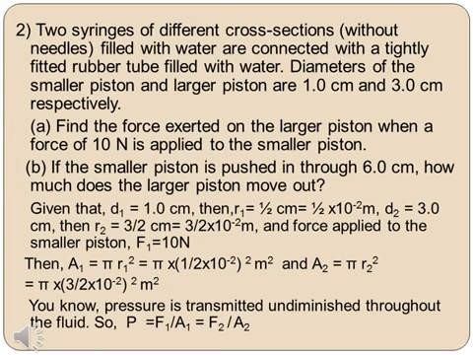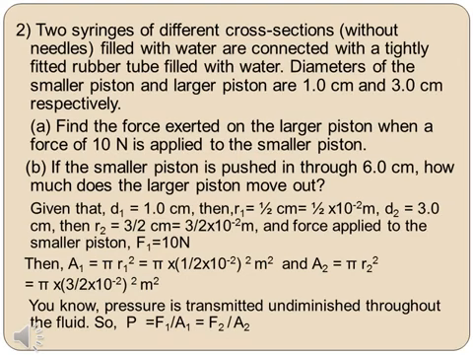A. Find the force exerted on the larger piston when a force of 10 Newton is applied to the smaller piston, and B. If the smaller piston is pushed in through 6 cm, how much does the larger piston move out? What is its solution?